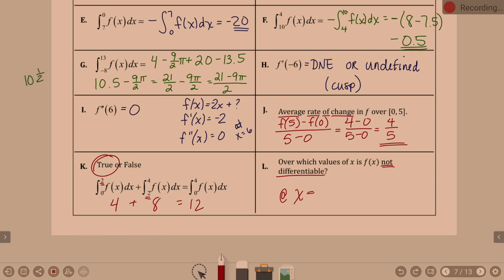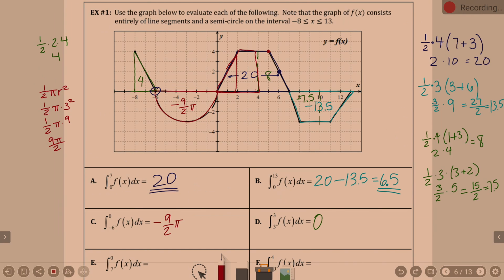What are places where we can't take the derivative? Negative 6. Why negative 6? Cusp. Okay, that hard point, yes? So negative 6, and 0 ends up being a cusp, a hard point. What else?